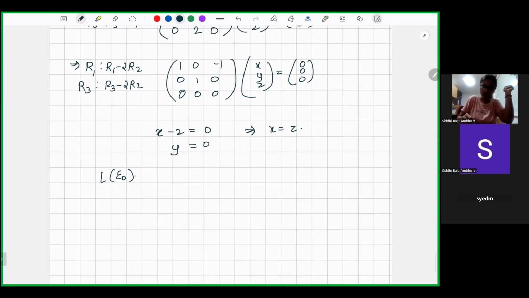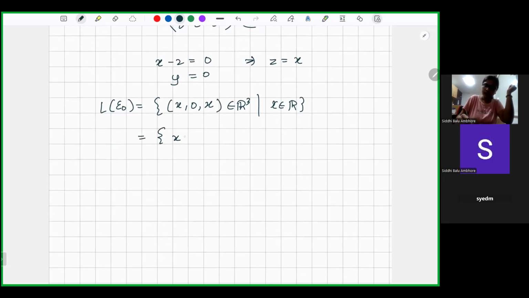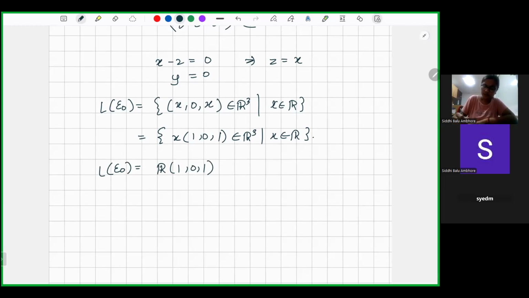So my L epsilon naught becomes x, 0, and so if I write z is equal to x, then it is x times (1, 0, 1) in R3 such that x is in R. Okay, so L epsilon naught then is R(1, 0, 1), that is the span of this element (1, 0, 1).